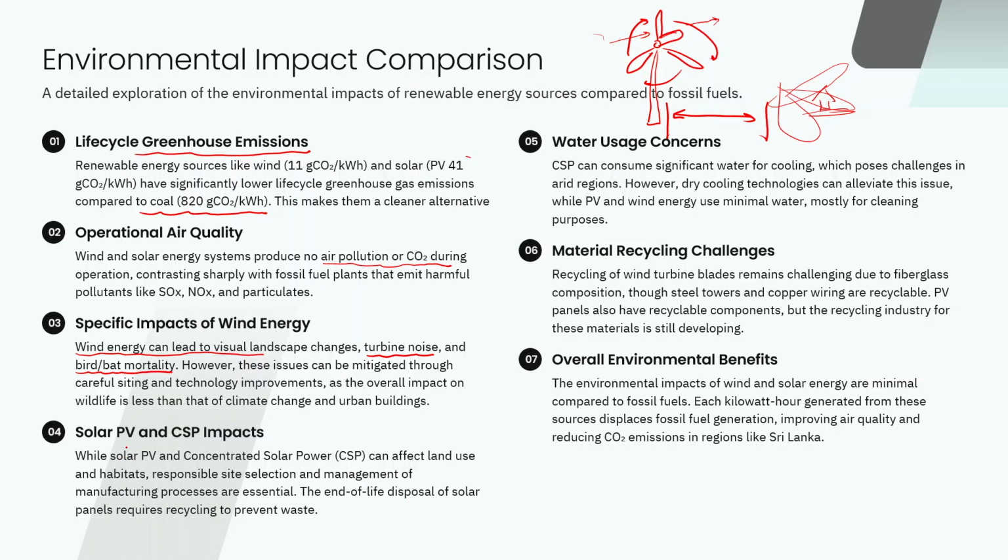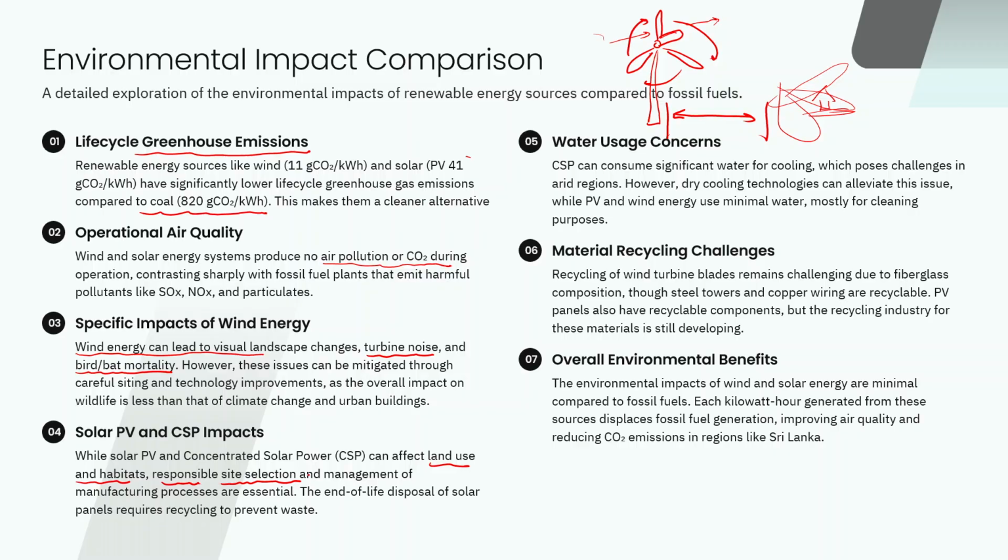Similarly, like wind turbines, solar and concentrated solar power can also affect land use and habitat, right? So you need a very large land area for this, laying out the solar panels and putting up the solar towers and so on. So when you are coming to site selection, you have to be very responsible.